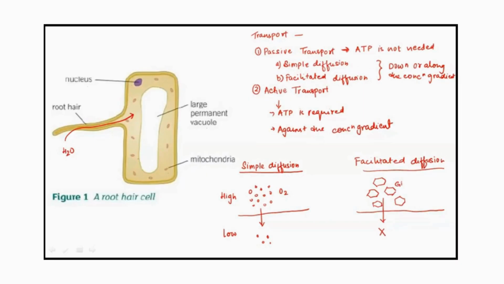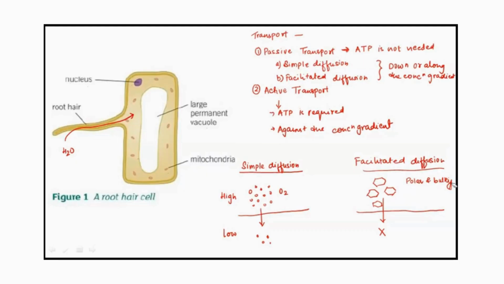Plus, glucose is polar. It's not just about glucose. So we'll say that the molecules are polar and bulkier. What is the meaning of polar? Polar means that it is water soluble. It gets dissolved in water.